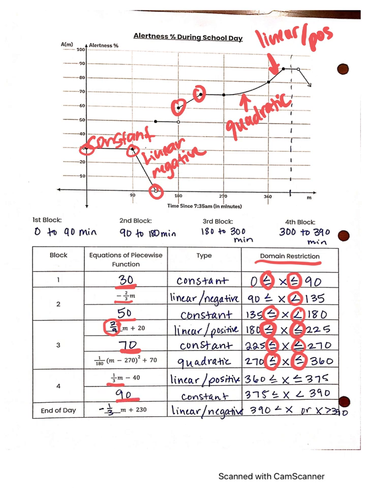That's valid from 375 to 390 minutes. The left side is closed, so my endpoint is closed, and my right side is open. And the last piece is linear and negative because it's going downhill, so the function that models that is negative 1/3 m plus 230.